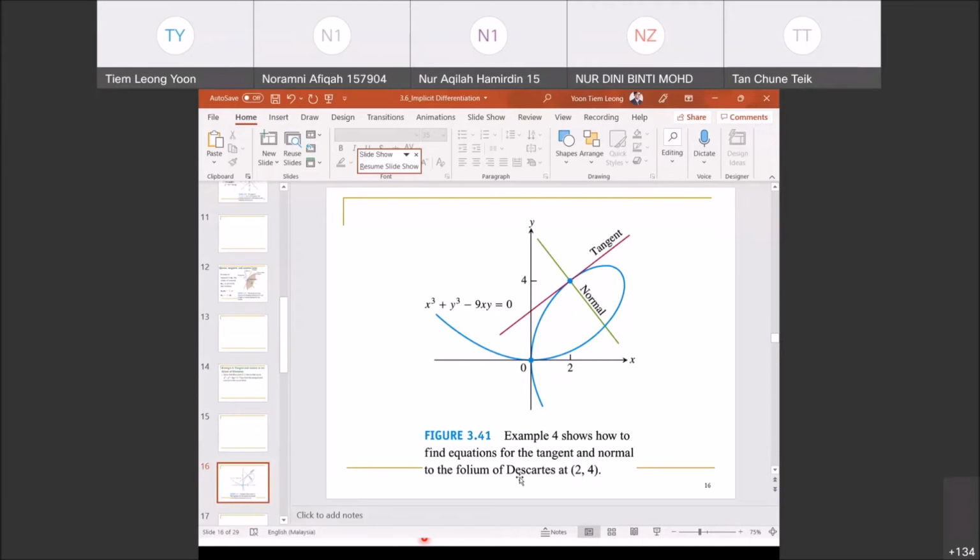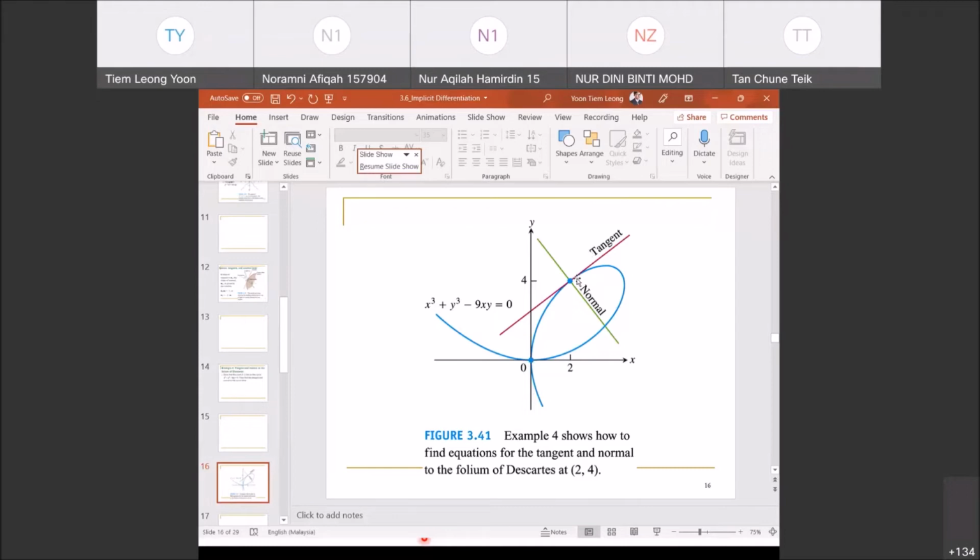He's also a mathematician, so his name appears everywhere, right? For example, your Cartesian coordinate, the x, y, z Cartesian coordinate, is also named after him, Descartes. So somehow this curve, this shape, is associated with his name.